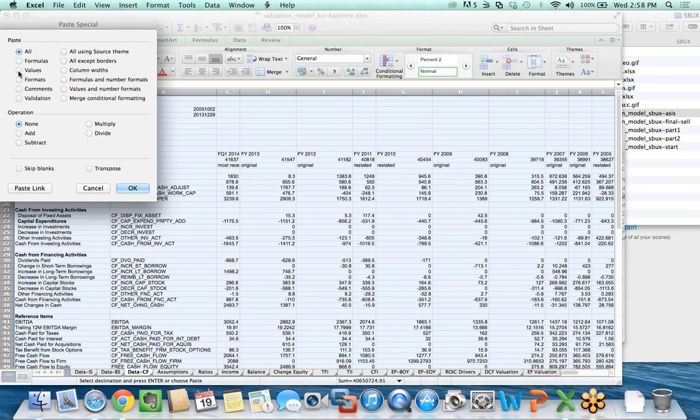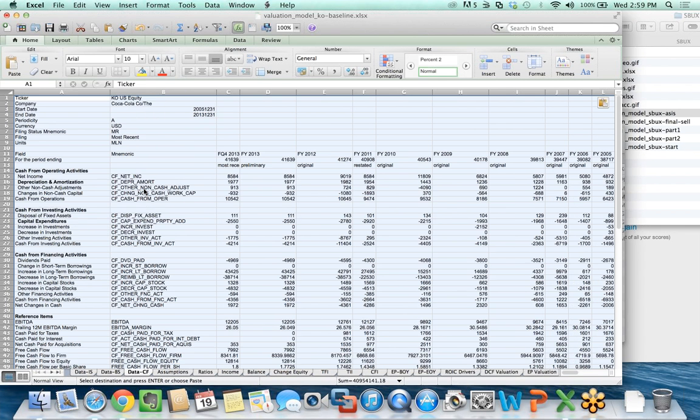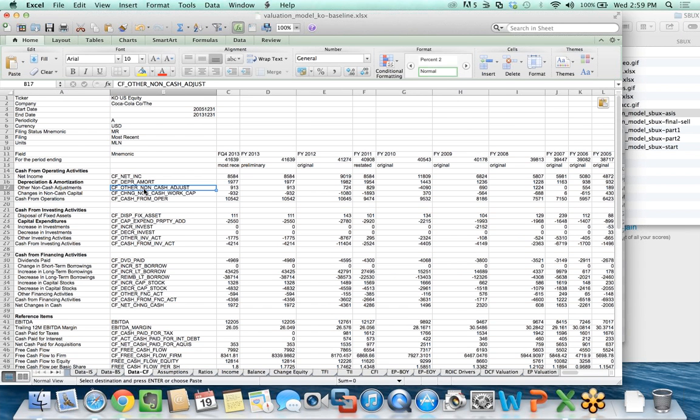paste special values. Now you might say, why don't I just copy and paste? Why am I taking the extra step of doing paste special values? There is a reason for that. The primary reason is that when we copy paste between spreadsheets in Excel, Microsoft can sometimes make a link to that external spreadsheet, so that every time we open this spreadsheet, it'll look for the spreadsheet that we had imported the data from.